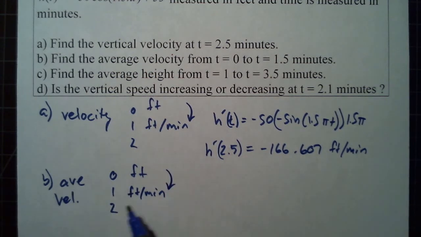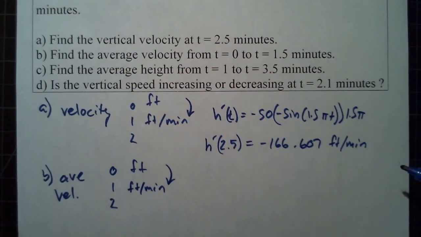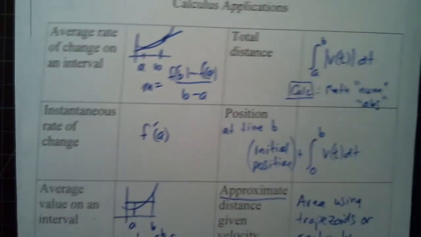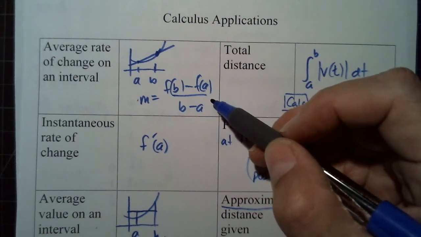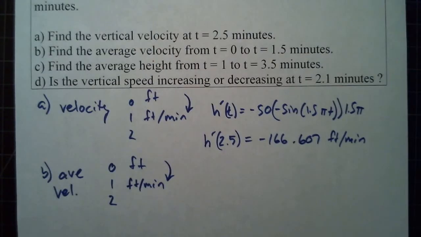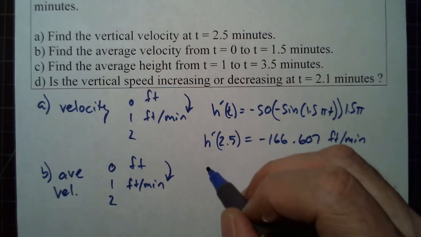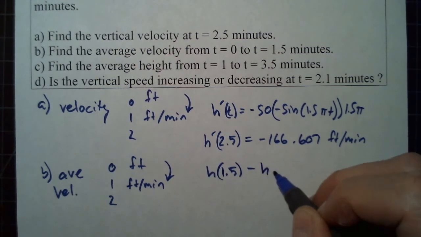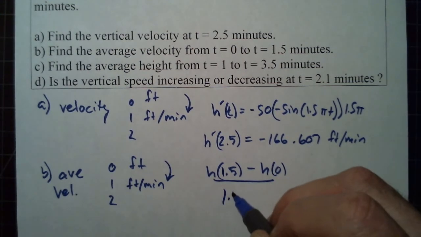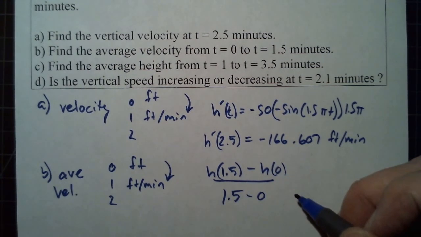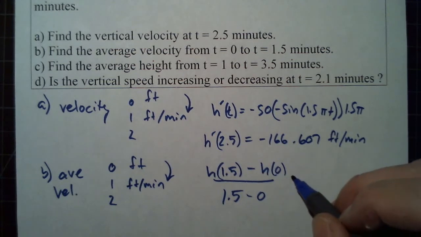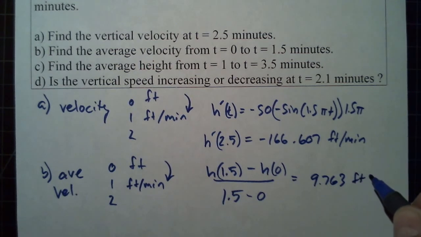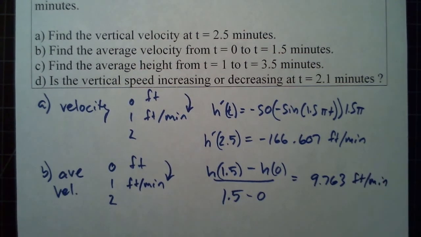If we need an average and we're moving down, then that's going to be the average rate of change, which was this slope formula. So that's just going to be h of 1.5 minus h of 0 over 1.5 minus 0, and that is 9.673 feet per minute.